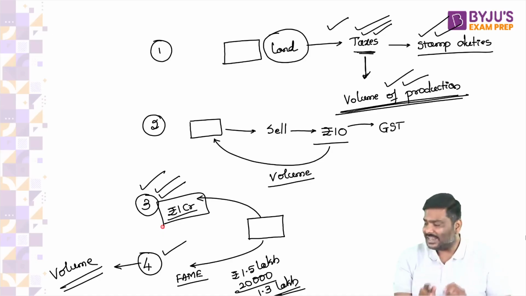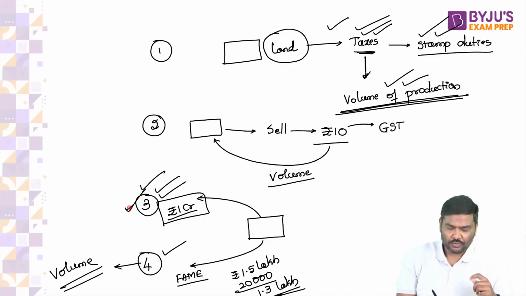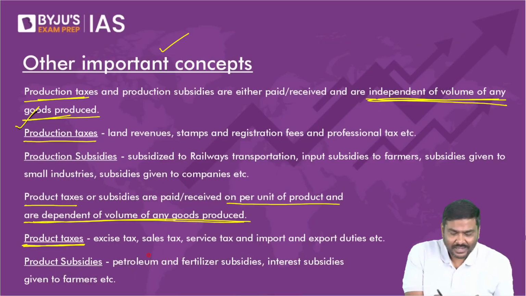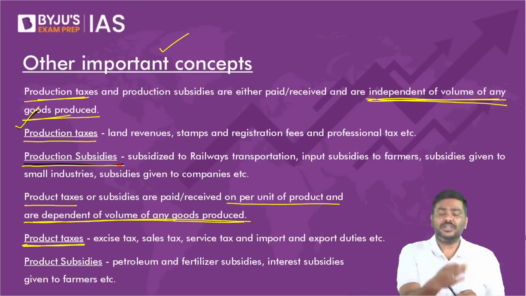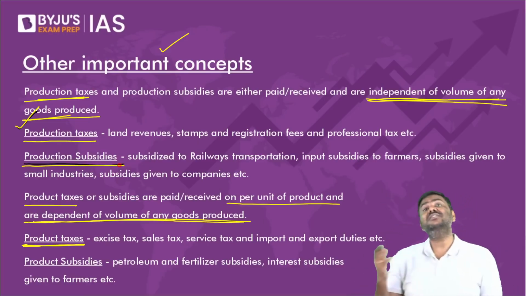So the third one, I said, is independent, and the fourth one is dependent. Whenever you're talking about subsidies which are independent of volume of production, these are called production subsidies. For example, there are subsidies provided in railways or transportation.